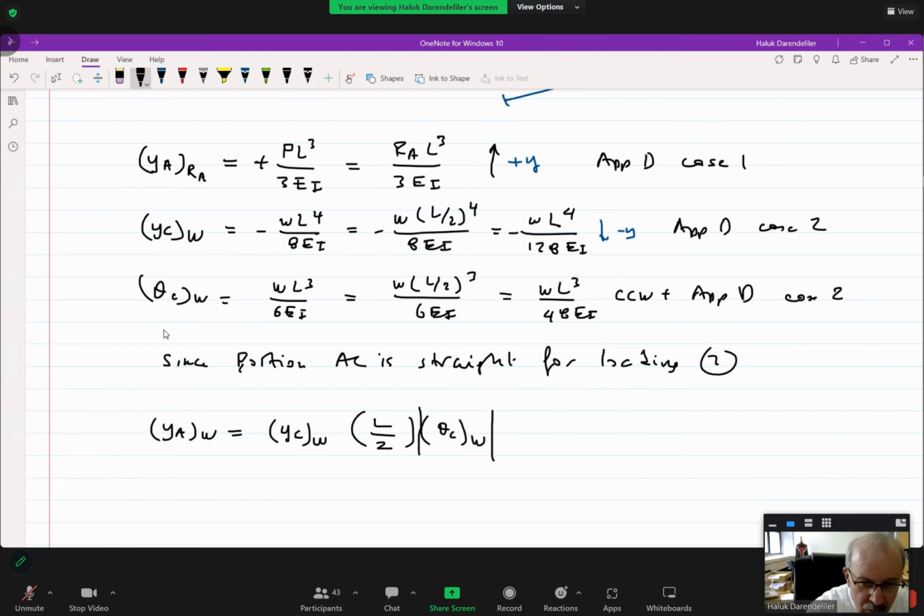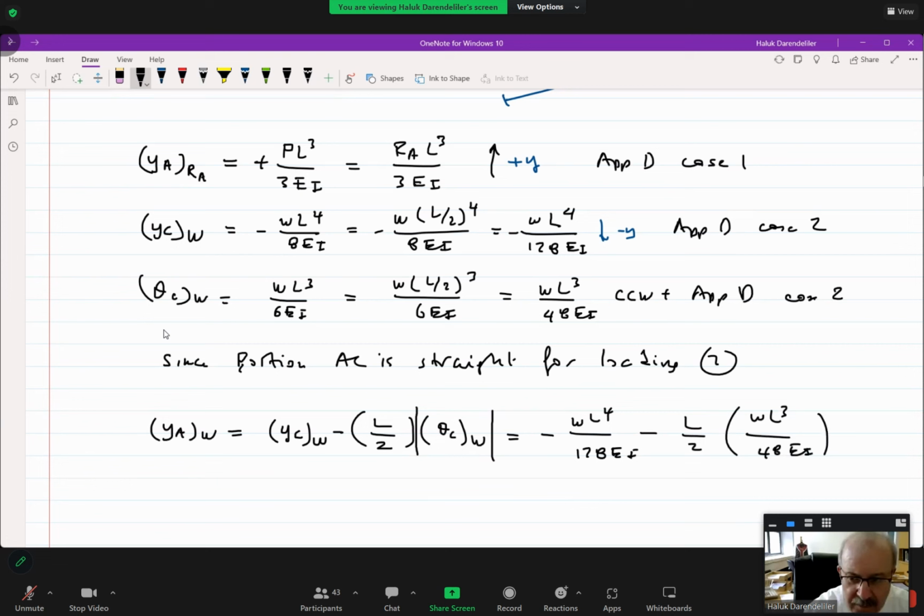not to be confused, okay? Just take the slope of this, then this slope times L over 2 should be minus. So therefore, what we have is minus WL4 over 128 EI minus L over 2. Its magnitude is WL cube over 48 EI.